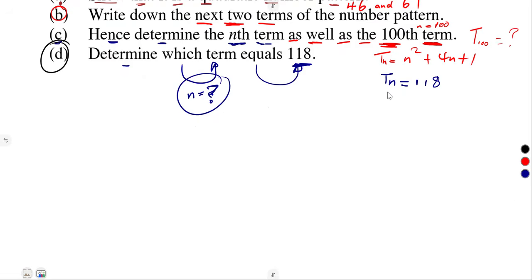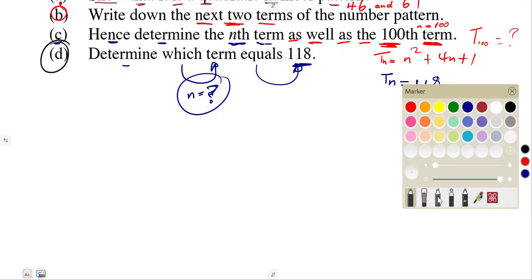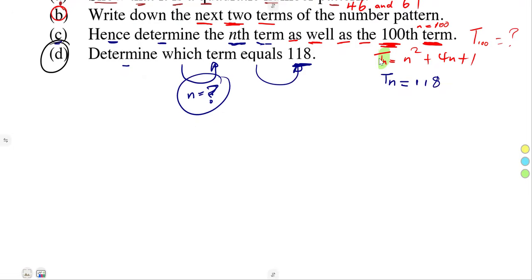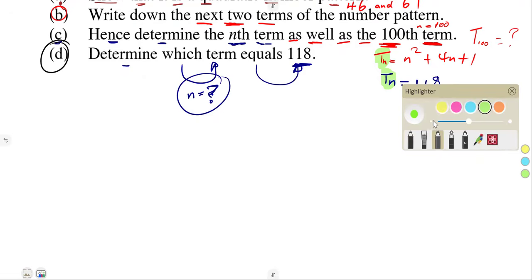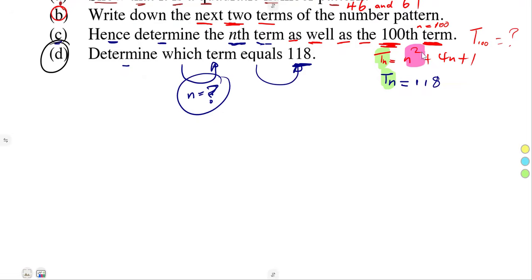So it's not a trial and error question where you try terms until you get 118. Since these two represent the same thing, which is our Tn, we can simply equate their equivalent parts.